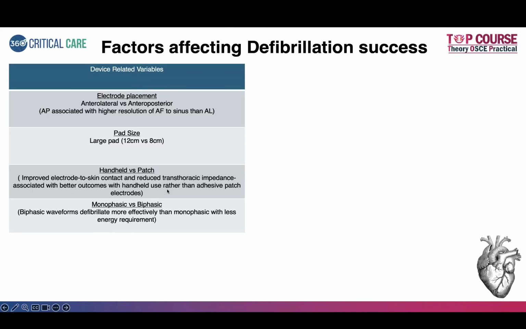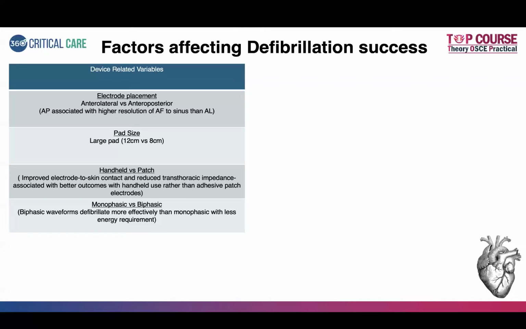The problem with adhesive pads is that you just apply them on the chest, but we don't give any pressure, so the electrical current delivery may have a certain amount of impedance. But when you use handheld defibrillation, when you are giving pressure on the chest, that itself may help in reducing the impedance and providing current more effectively to the cardiac tissues.